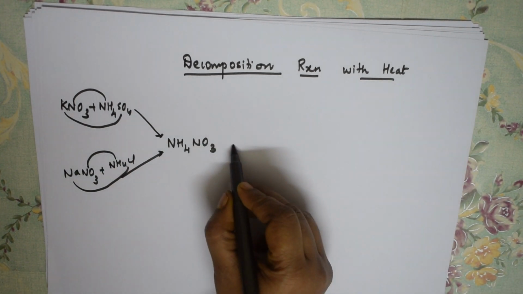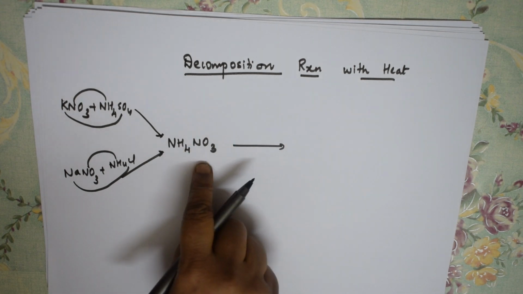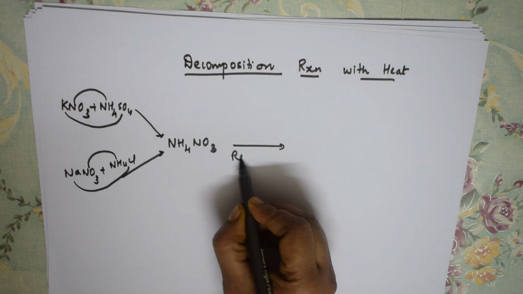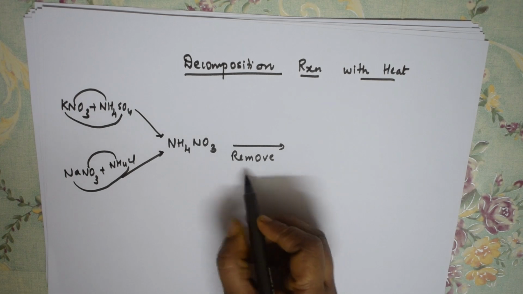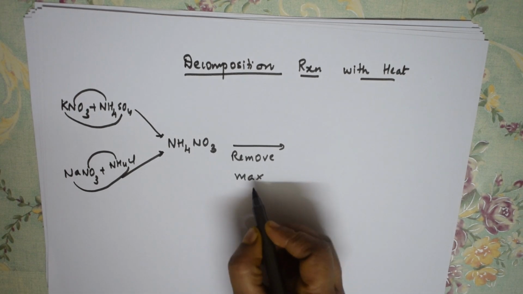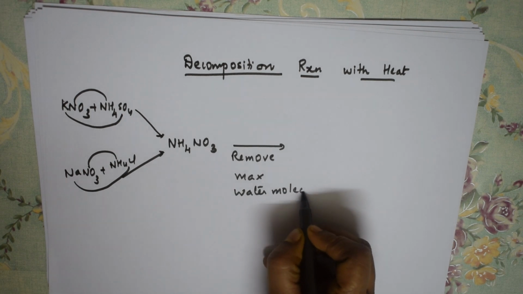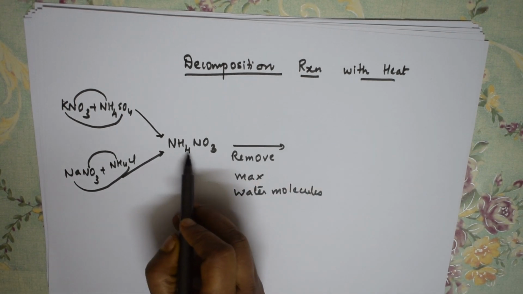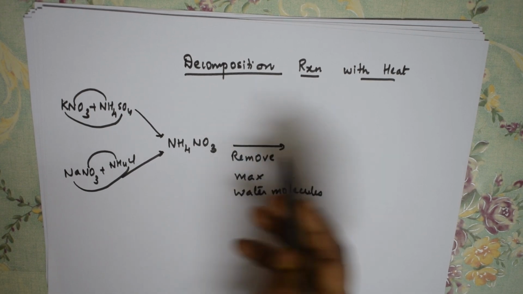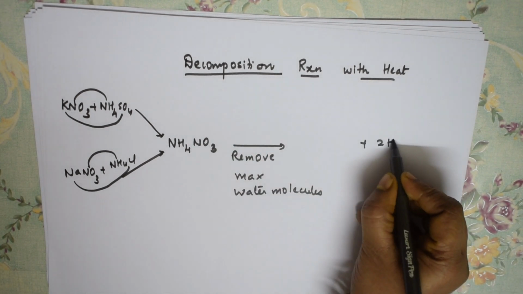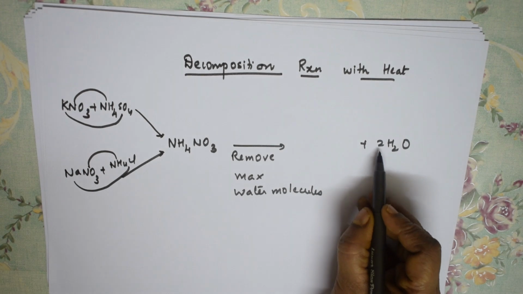Done. Now the first important thing: whenever you have ammonium nitrate, try to remove the maximum number of water molecules. This is the simplest logic. How many water molecules are there? There are 4 hydrogens, so I can remove 2 H2O, because 2 twos are 4.